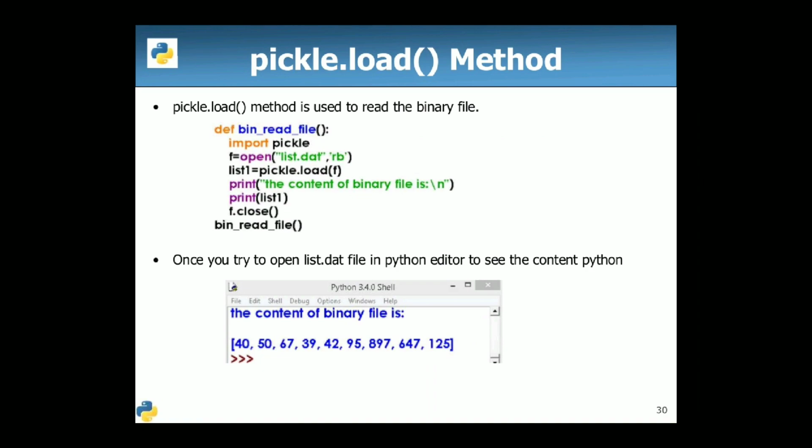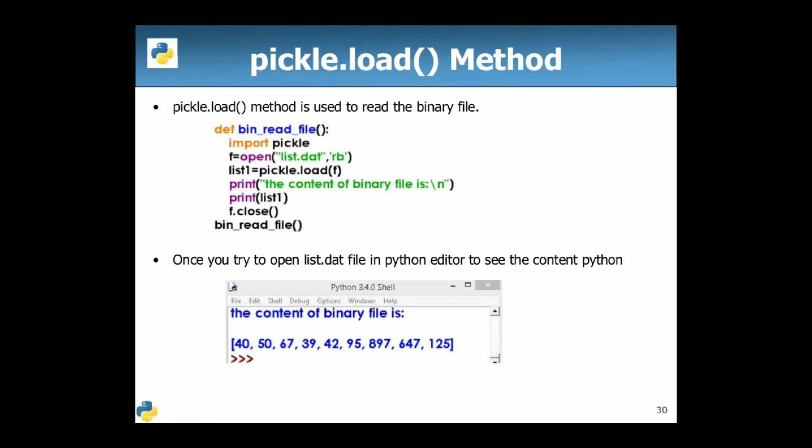For this we have used the function pickle.load(f). That means we are going to load the complete byte stream from this file using the file object f, and we have loaded the complete content of this file into the variable list1. So list1 is going to contain the content of the binary file. We have printed the content and closed the file.